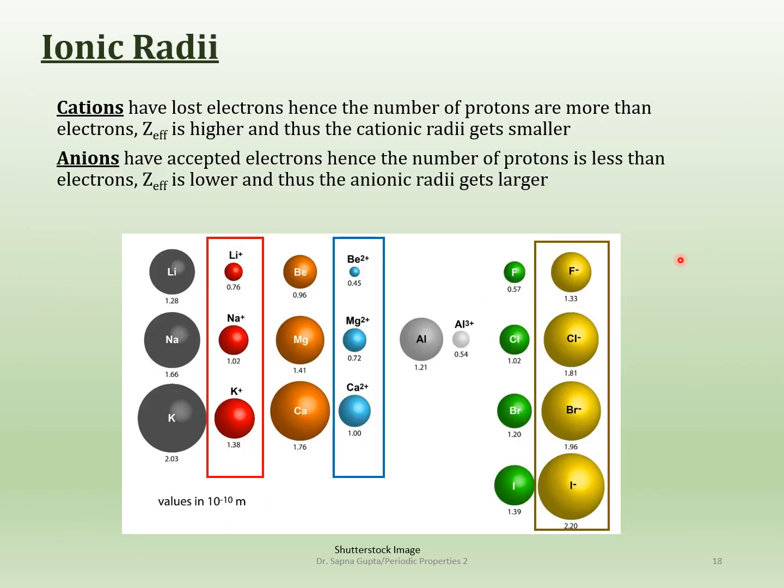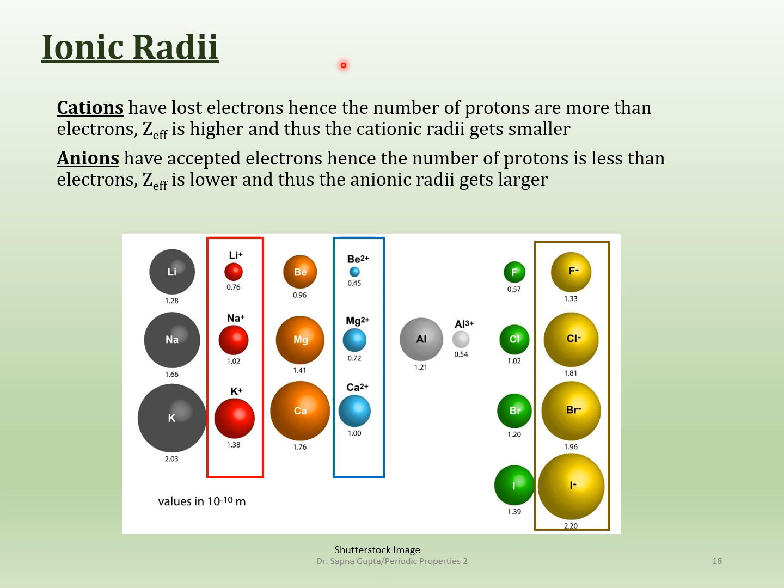Then let's talk just a little bit about ionic radii, because ionic radii is slightly different than atomic radii. When there is a cation, it has lost electrons. Once it loses electrons, it's possible that the valence electrons are different now, because the electrons which were outside are now inside.